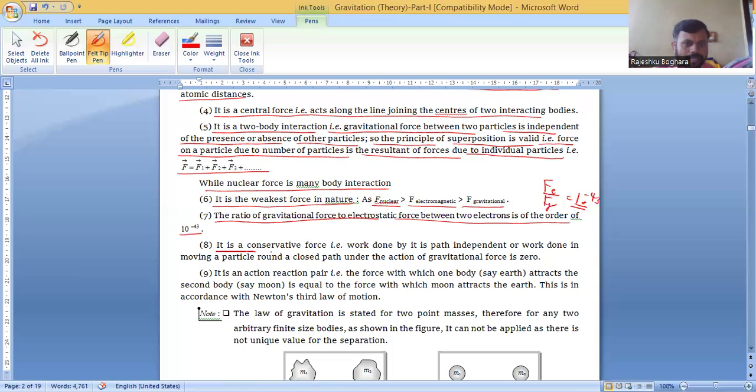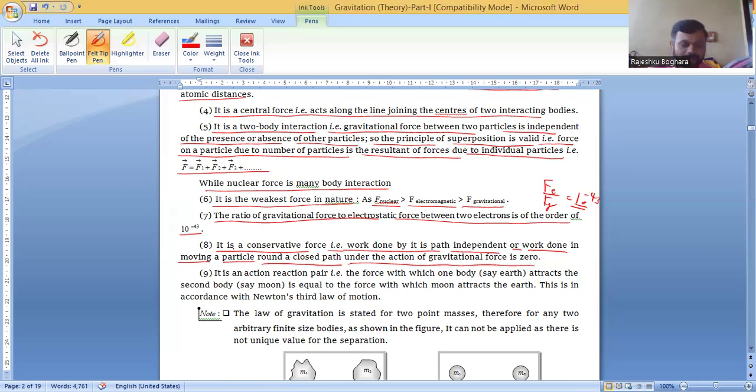It is a conservative force, that is, the work done by it is path independent, or the work done in moving a particle around a closed path under the action of gravitational force is 0. So gravitational force is a conservative force.